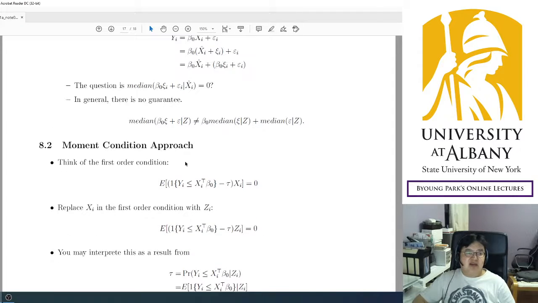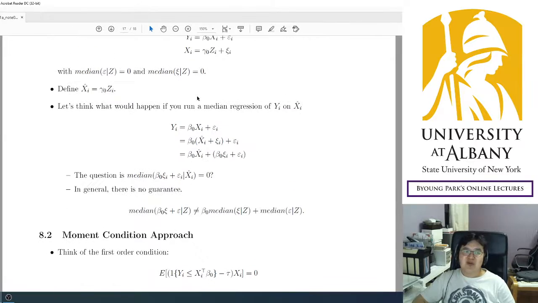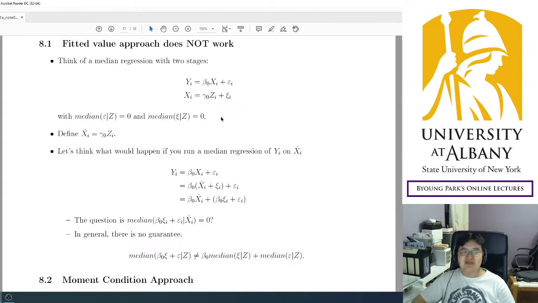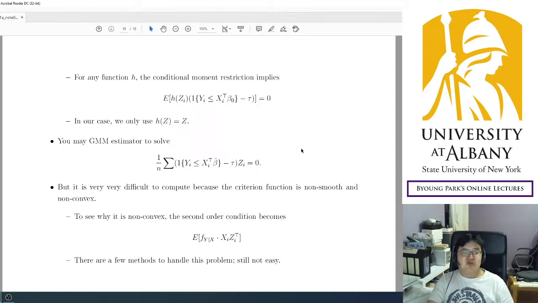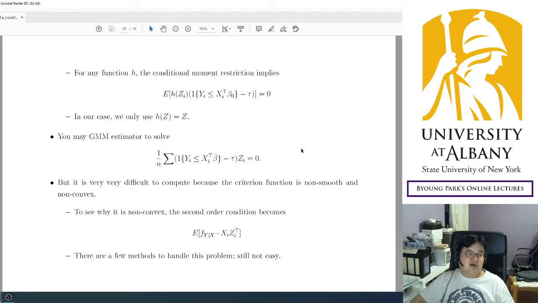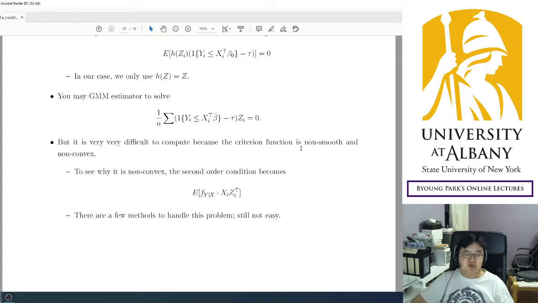So in conclusion, endogeneity is an important problem, but it is not easy to handle in the quantile regression setup. It is theoretically not easy, but there are programs and methods to handle this. If you download the program, it can be done easily. It's not your work, it's the computer's work.